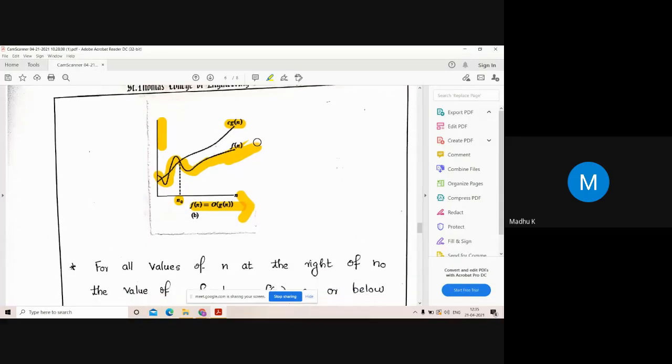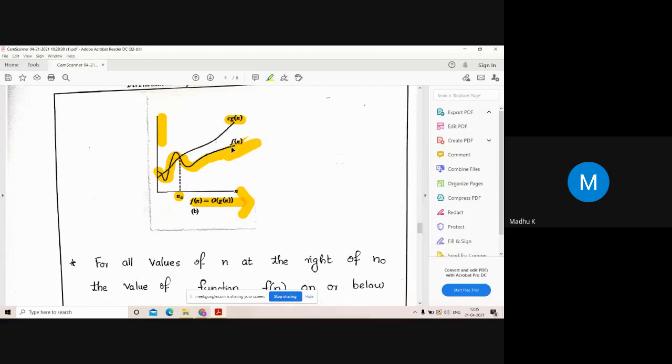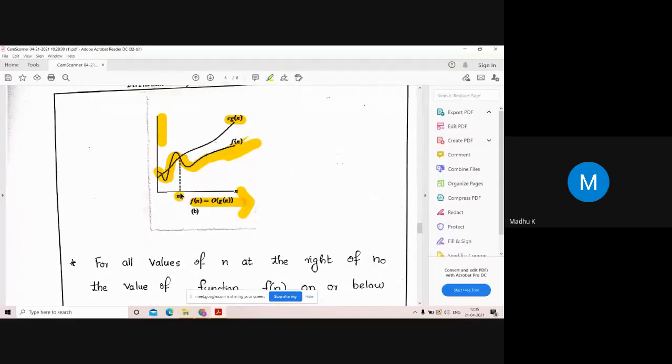So, f of n is our analyzing function, and after a particular value n0, f of n should always be less than c into g of n.